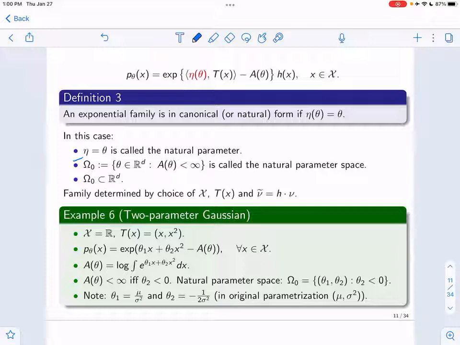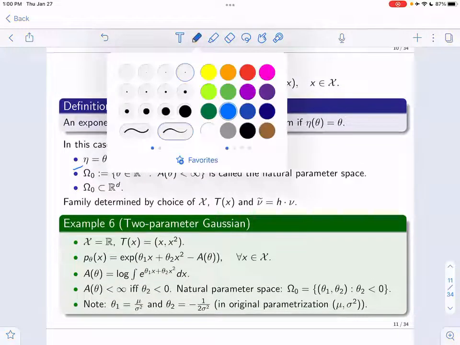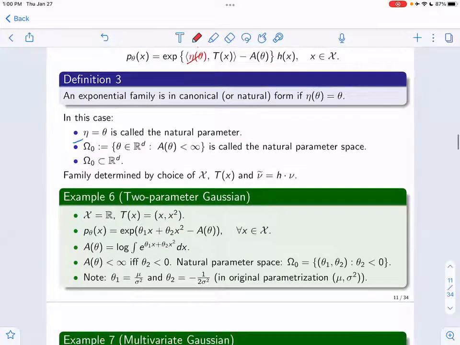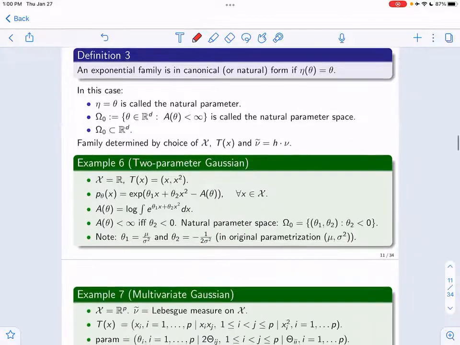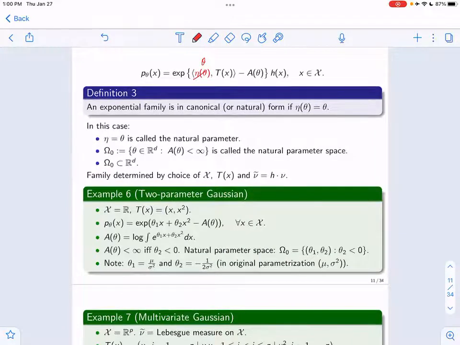We often work with full rank canonical exponential families. That's the standard view. So from now on, usually we assume that this is theta. The parameter space is then what's called the natural parameter space. It's a subset of R^d, and everything is nice because we're working in R^d now.